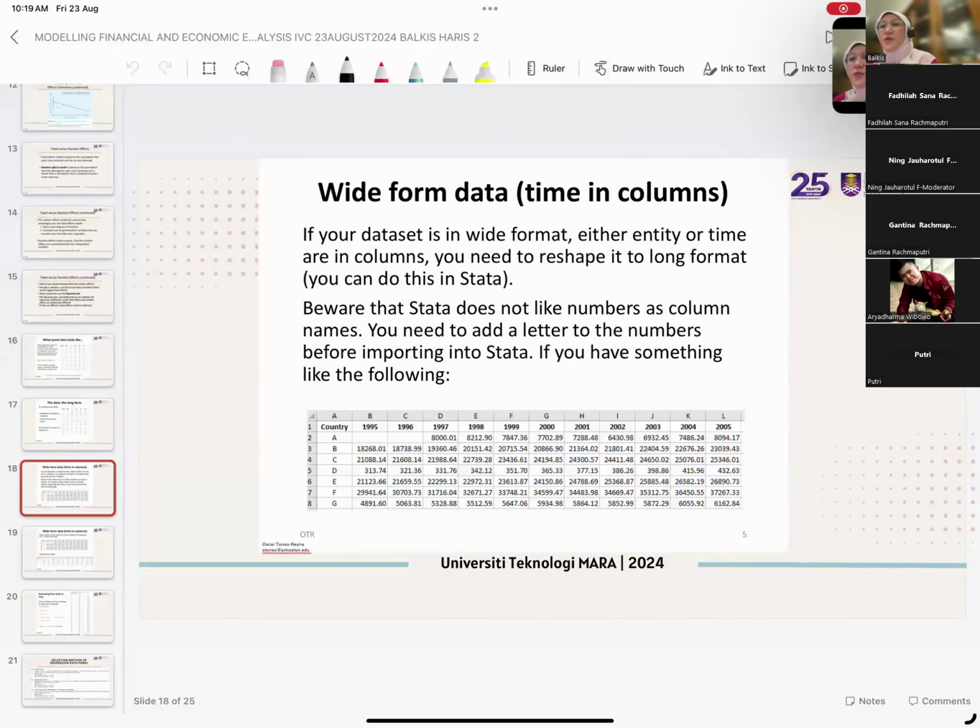In the wide form format, we have the country in the first column, and column B until column L are all the years, and this is known as wide form data. The time is in columns.